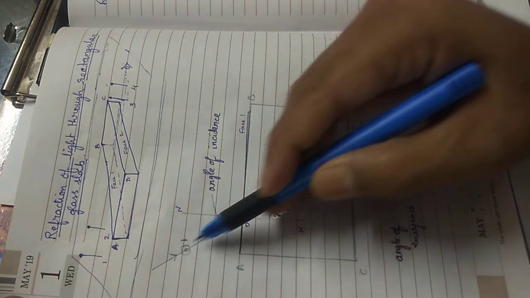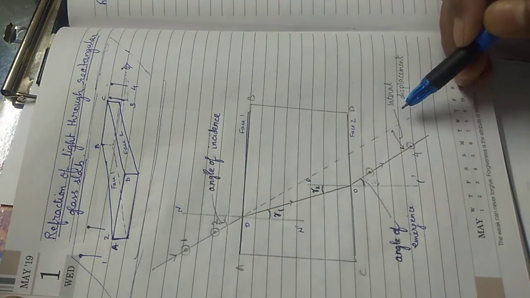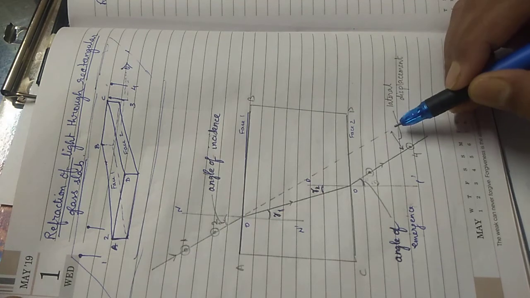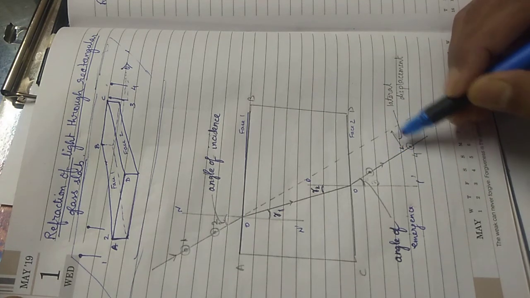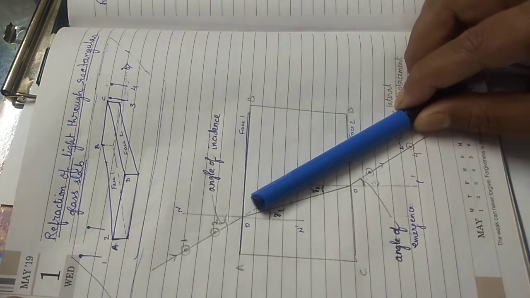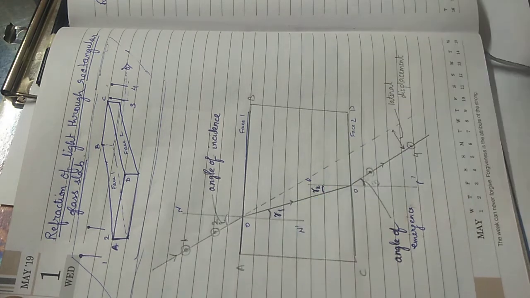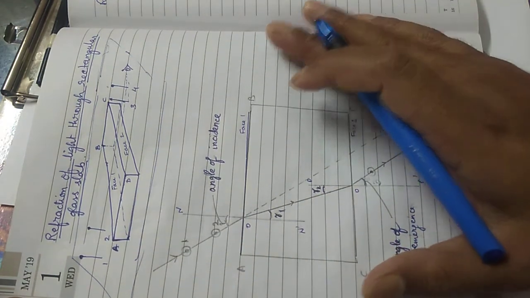Now if you produce this incident ray forward with dotted lines, you will find that the emergent ray is actually parallel to the incident ray. That means the incident ray has been laterally shifted. So this is also called the lateral displacement with the help of the glass slab.